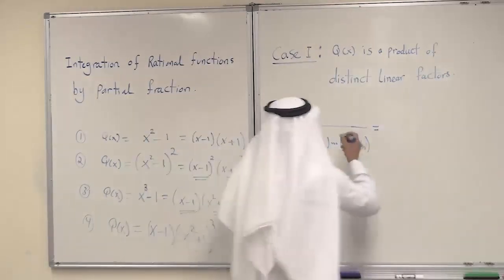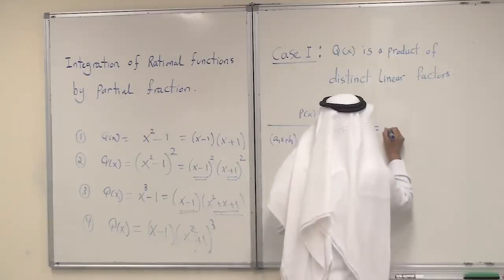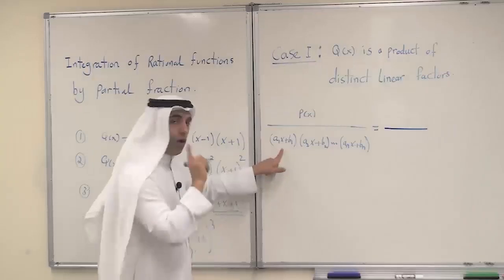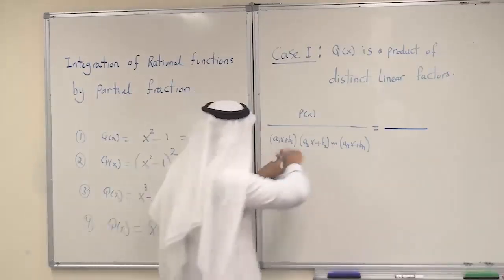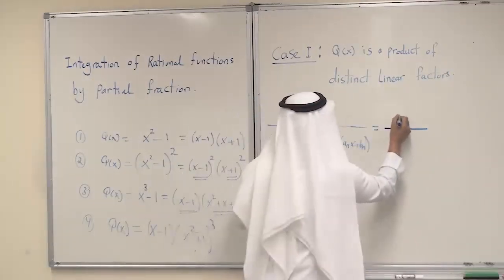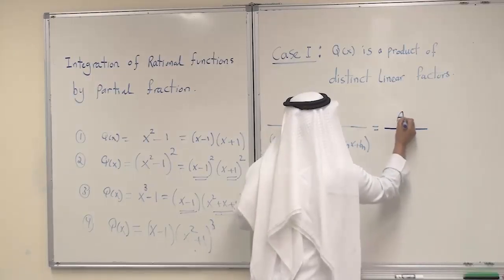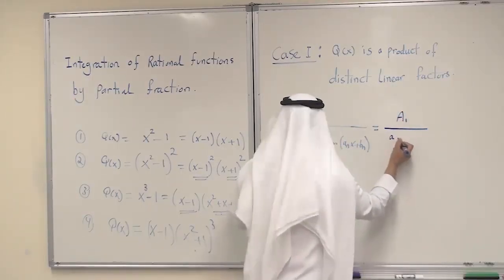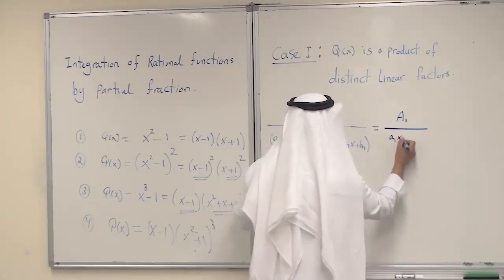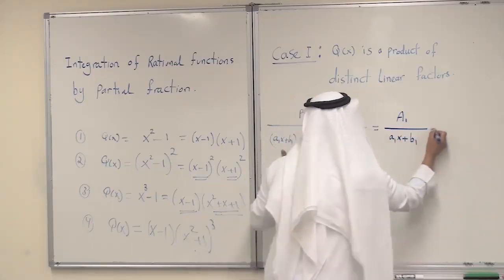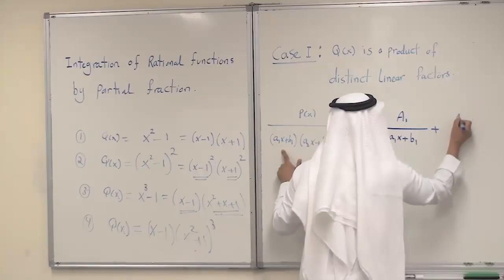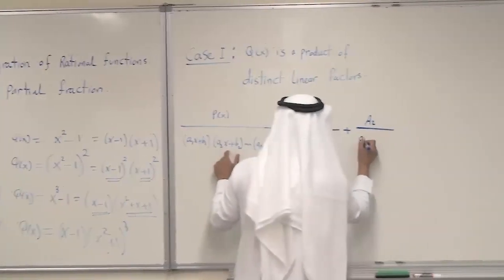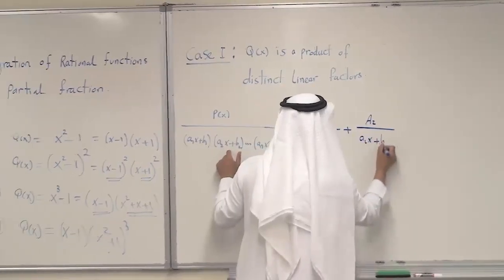The partial fraction decomposition says that whenever we have this case, it is always possible to rewrite the fraction as follows. You have a constant, call it, for example, a1 divided by the first factor a1x plus b1, plus another constant, we call it a2, divided by the second factor, which is a2x plus b2.